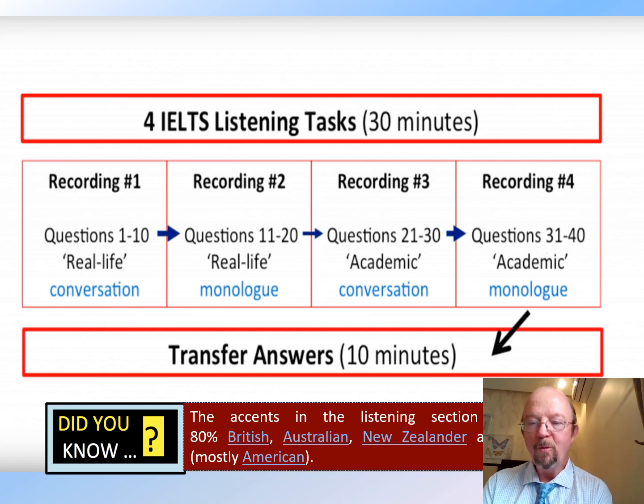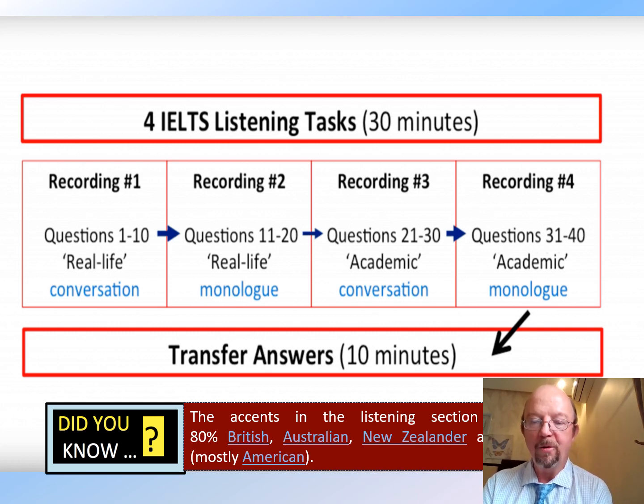In recording two, one person will do a monologue, and he will maybe explain something, and answers need to be given on what this person is saying. In recording three, in an academic setting, this is in a school, college, or university environment where two or three people will be in a conversation, and the student needs to get answers from what the people have said.